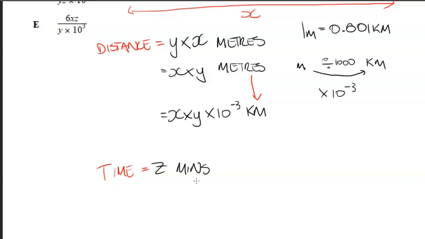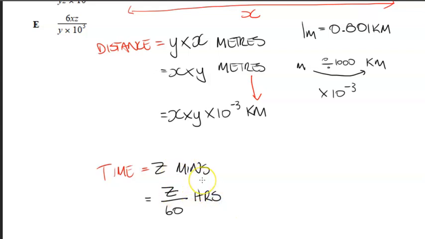If it was 90 minutes, it would be an hour and a half. If it's less than 60, you would get a fraction, that amount divided by 60, as an hour. So your time in hours is z over 60 hours.